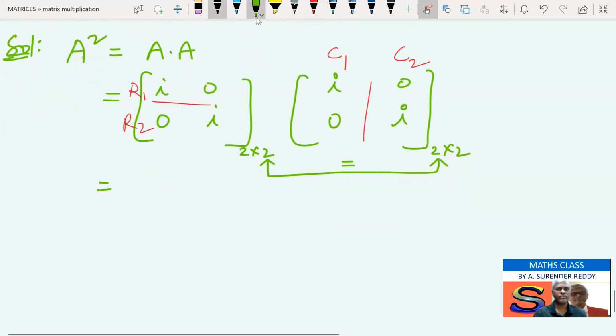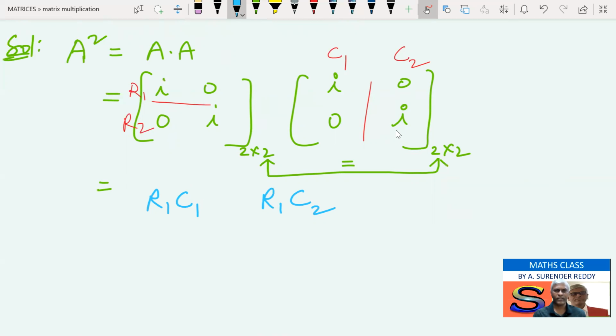So now it is R1 C1, R1 C2. Take the first row, multiply with the first column, R1 C1. Take the first row, multiply with the second column, R1 C2.